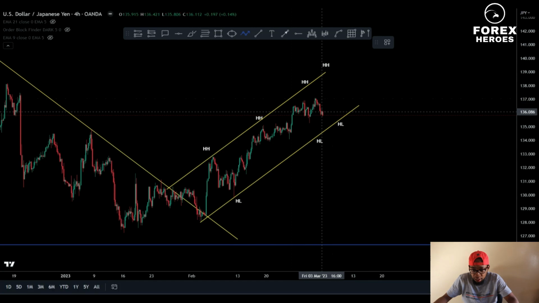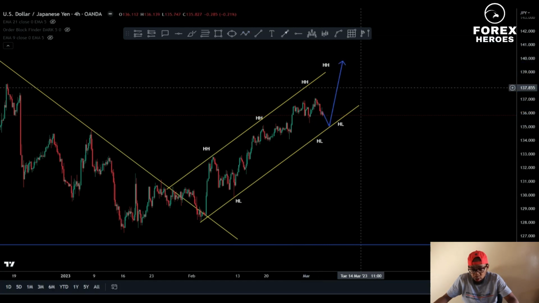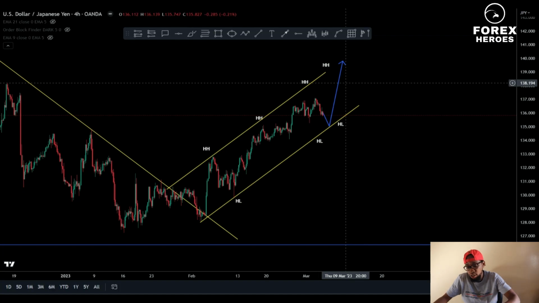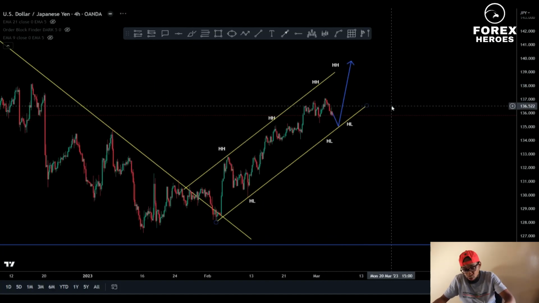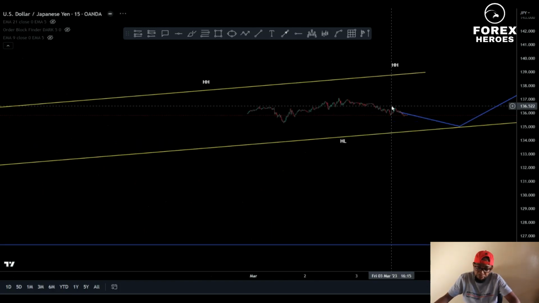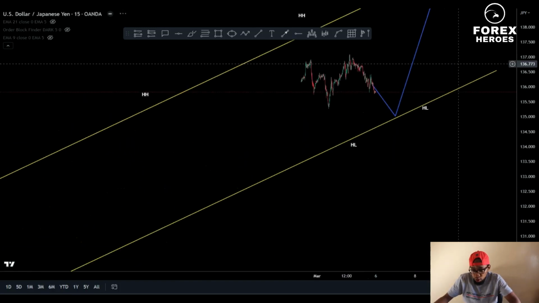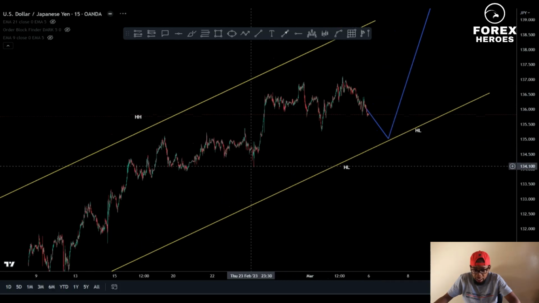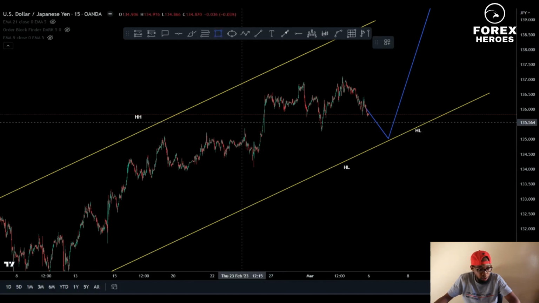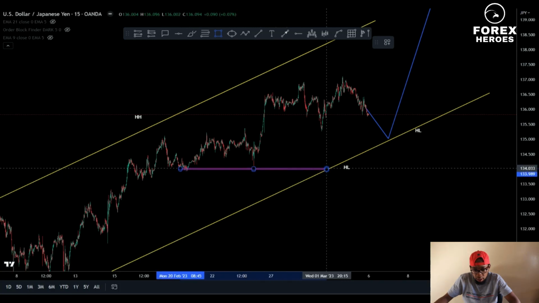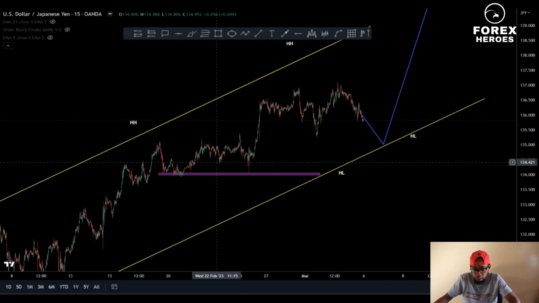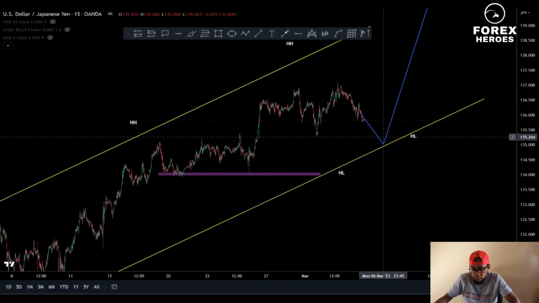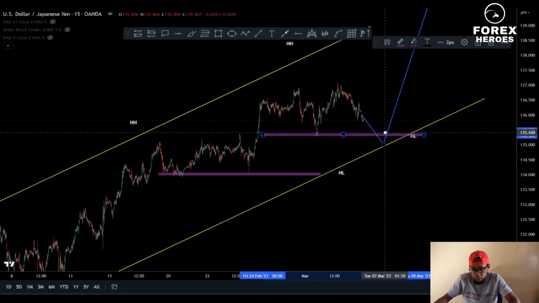So I'm expecting the market to do this certain push and push to the upside, but this is on 4 hours. So now let me go to 15 minutes. Don't just jump straight into M5. Can you see that here we had this higher low, and it's giving us more information.